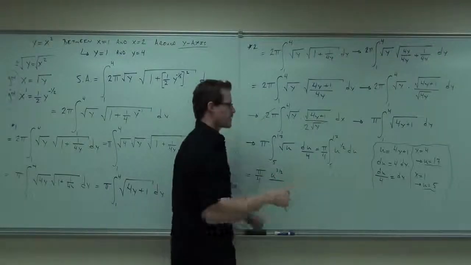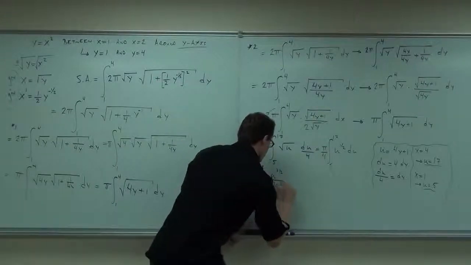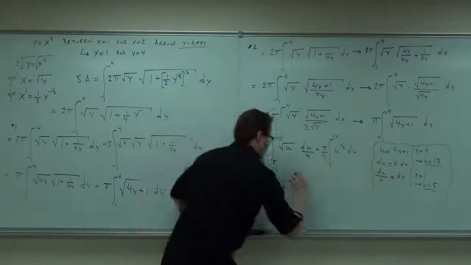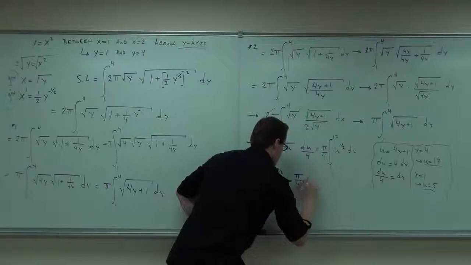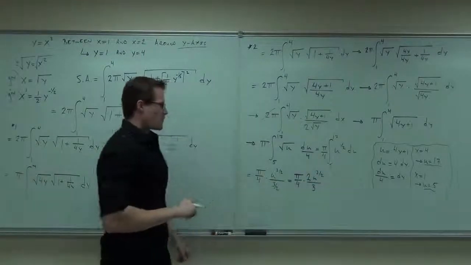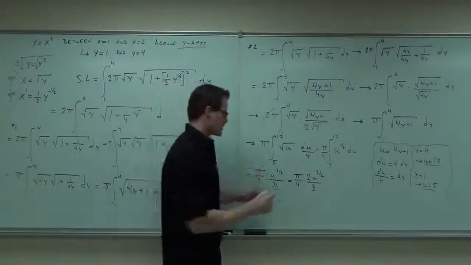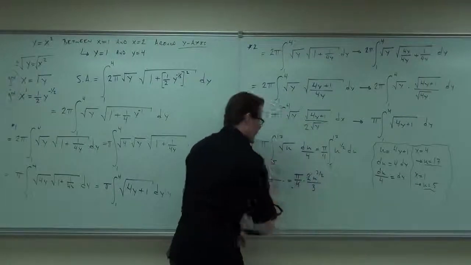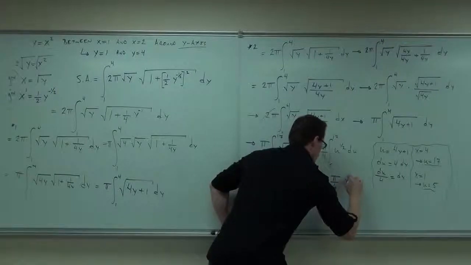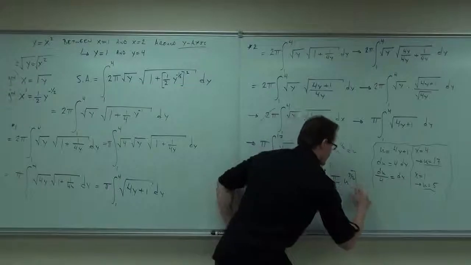Now we all know the integral of u to the 1/2 is u to the 3/2 over 3/2. That is pi over 4 times 2 u to 3/2 over 3. Hey, we got to simplify that, plug in some numbers, we'll be good to go. So 2 with the 4, we're going to get pi over 6 u to the 3/2. Oh, what am I going from? 5 to 17.